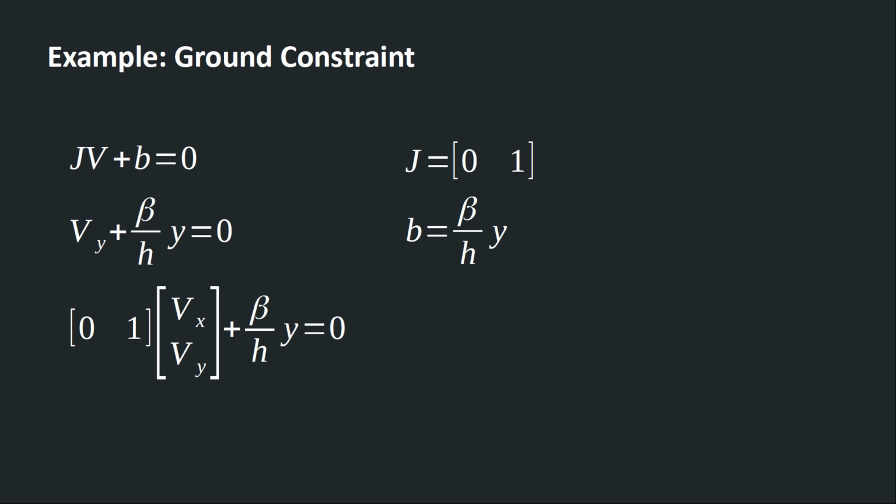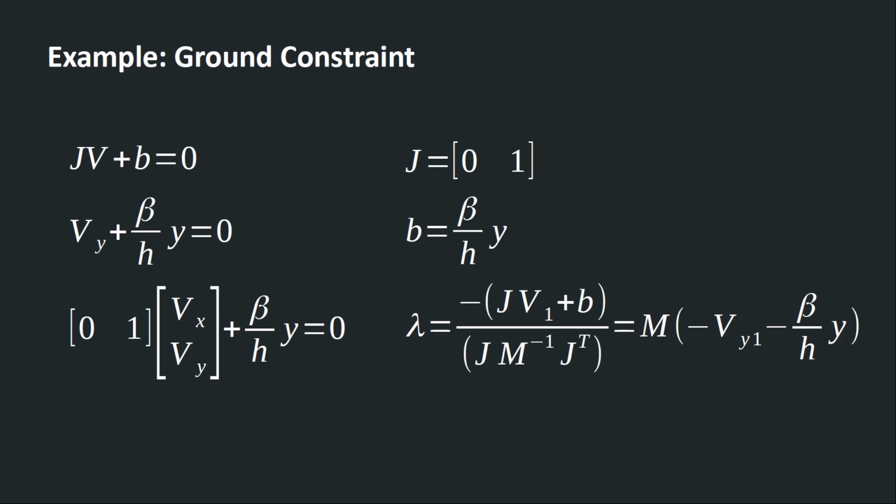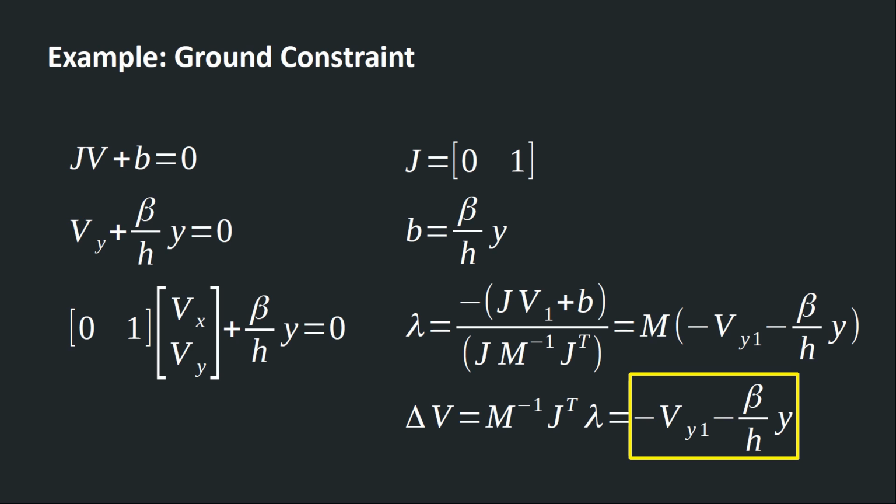The bias term is the Baumgarte stabilization term. Lambda is equal to this expression on the right. So we can plug this back and solve for the necessary change in velocity to resolve a violated ground constraint, which matches what we derived before.